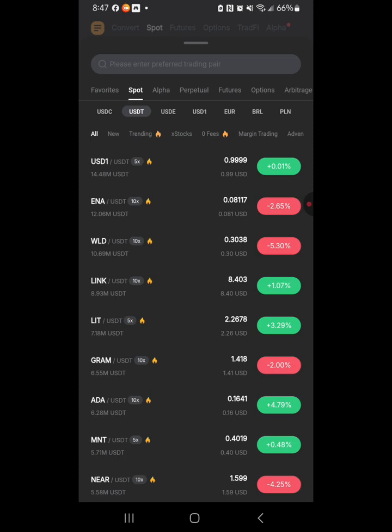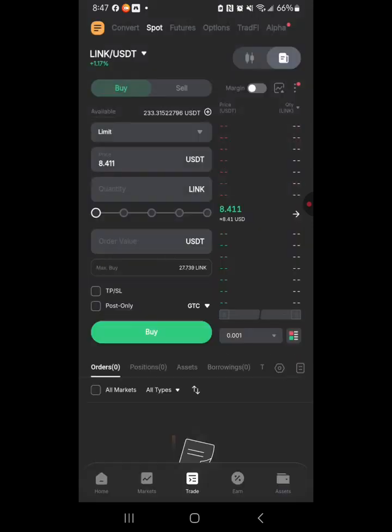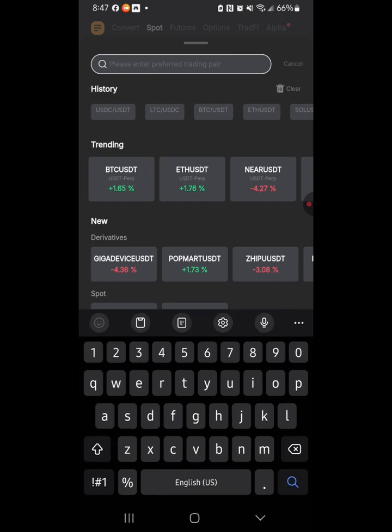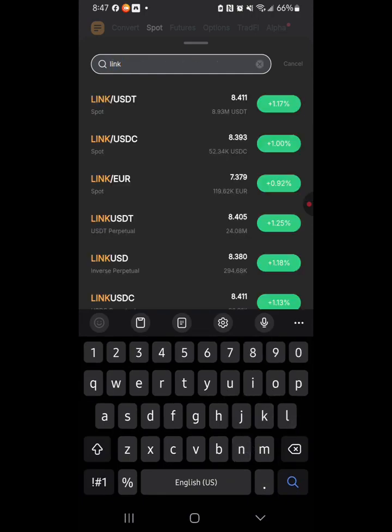There are literally hundreds, if not thousands of them. So let's look up this one called Link. Like I've told you, it can be done on any currency provided the currency has a very decent trading volume. In this case, we have Link as well.